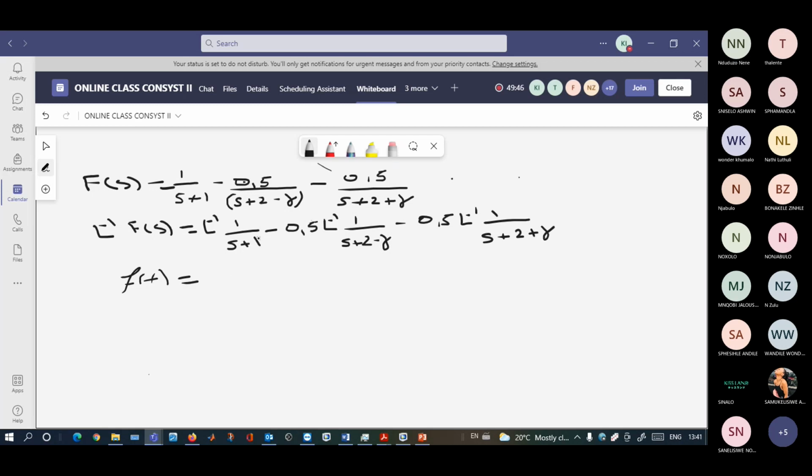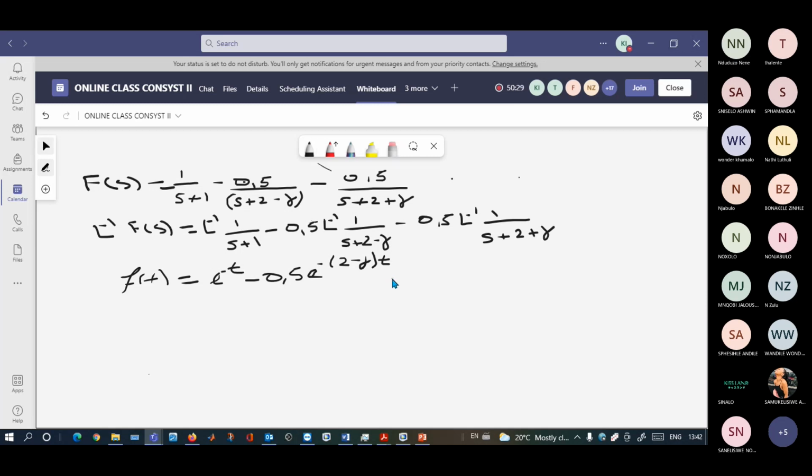Okay, so now we're going to have f of t equal to, this one is going to be 1 e raised to minus t, right? Okay, then minus 0.5 e raised to minus 2 minus J times t.